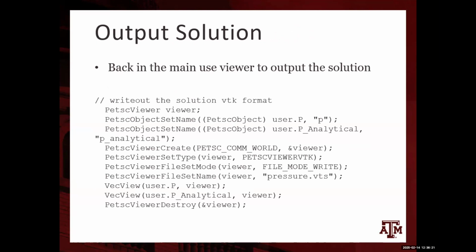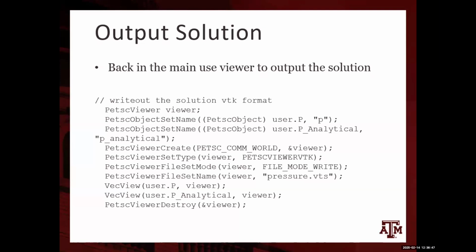Now go back to your main and copy and paste this. This is PETSc viewer, which is basically parallel input and output. We're calling the object name, and then we're going to create a PETSc viewer.